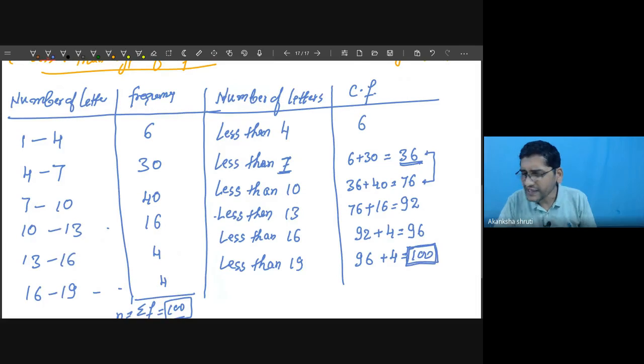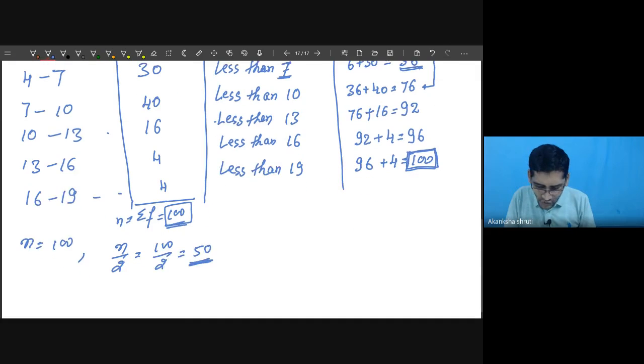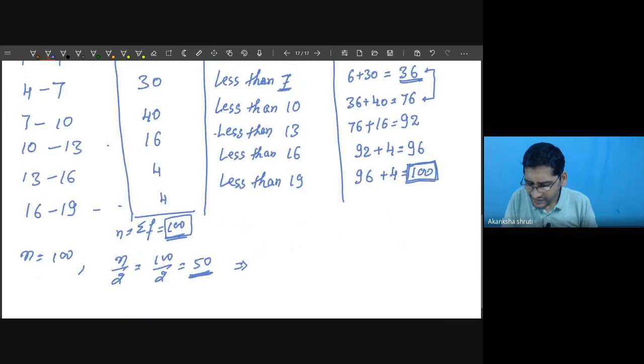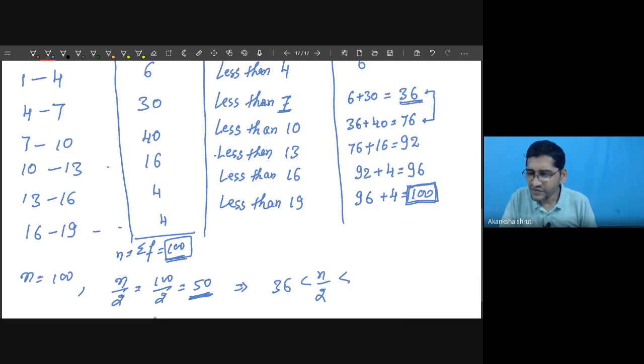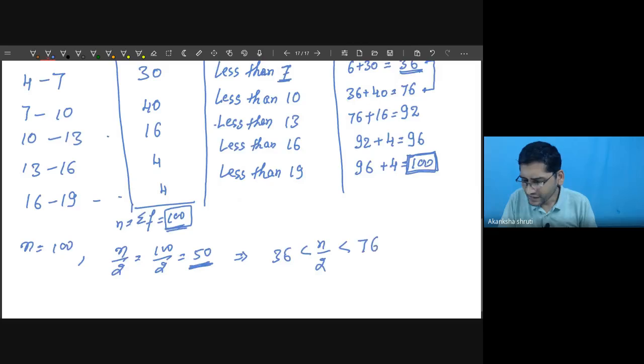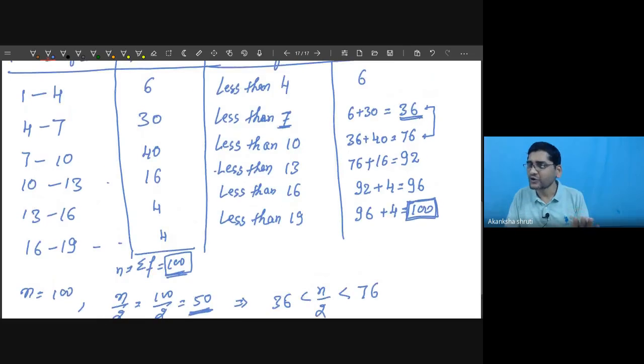You just quickly observe between which cumulative frequency data the n by 2 lies. So right here, 36 is less than n by 2 and n by 2 is less than 76. In which interval does it lie? I'm just allocating that; it is going to lie between these two.